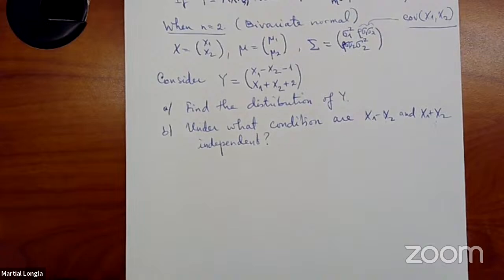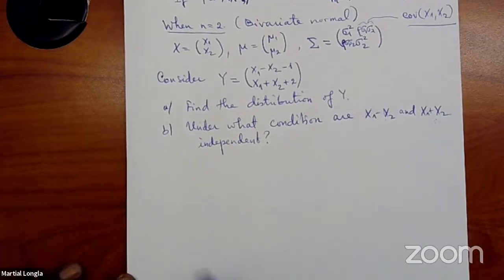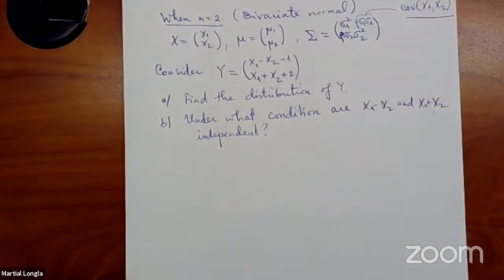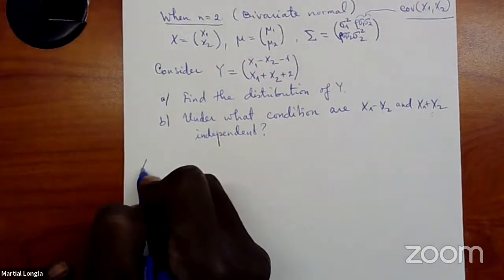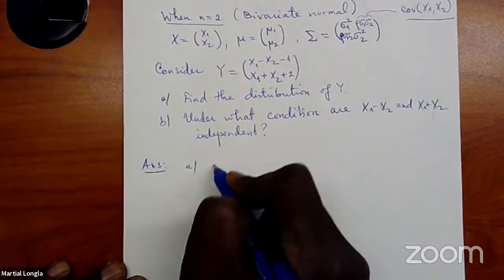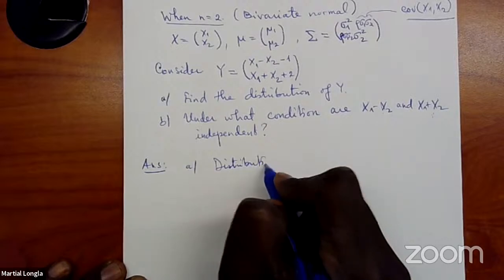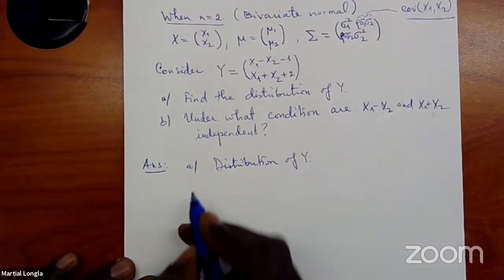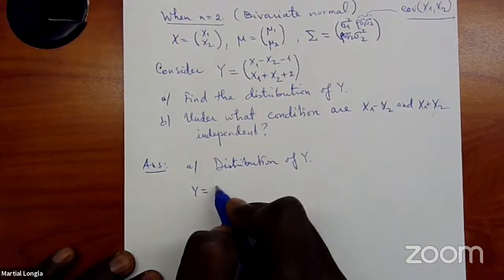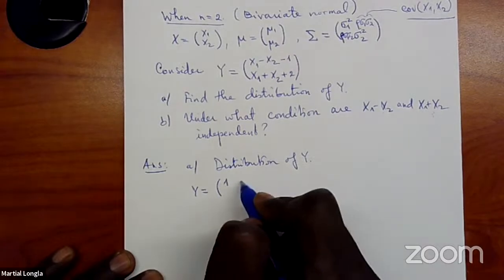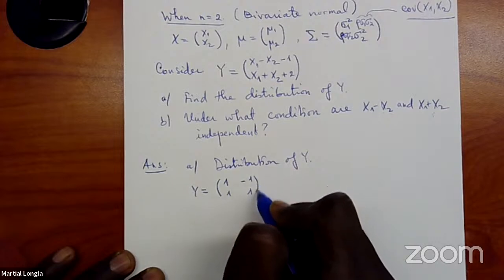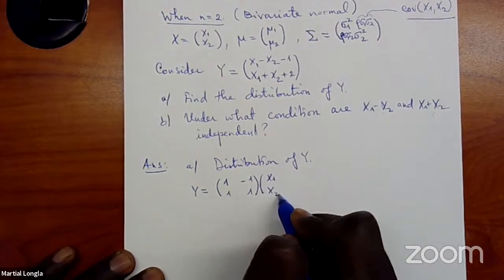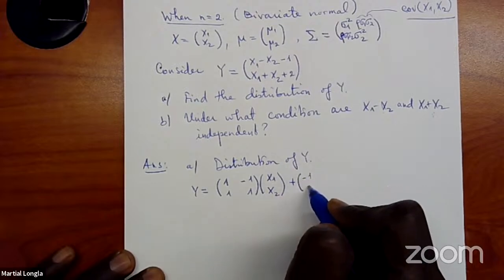Determine A and B, and then write down what is A sigma A transpose, and then find out what is A mu plus B. So start by, so we'll say y is nothing but this matrix 1 minus 1, 1, 1 times x1, x2 plus minus 1, 2.